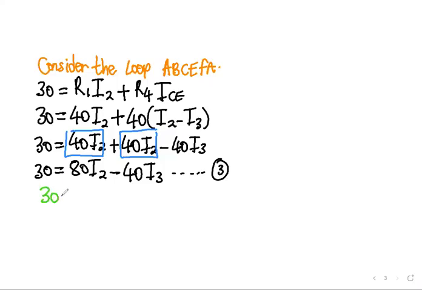So equation 1 is represented by 30 equals 50 I1, minus 10 I2, plus 100 I3.